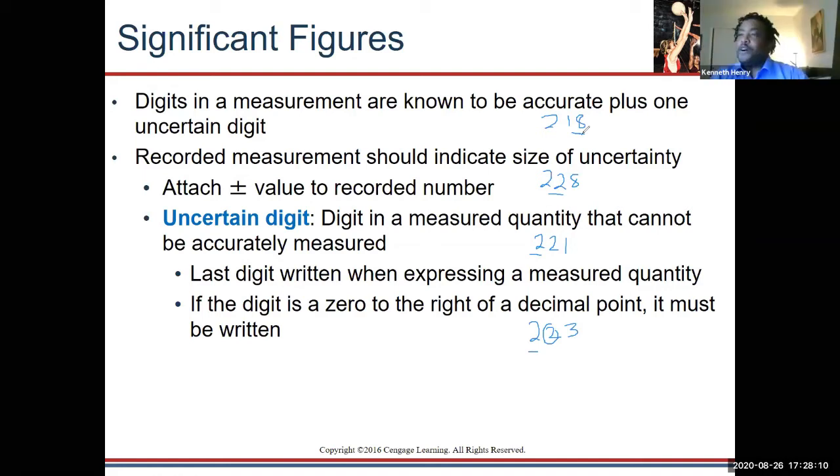Okay, so the way that we handle uncertainty, there's a couple ways that we can do it. One of the ways is by putting a plus or minus sign. We take the average and say it's plus or minus some amount, right? So we went through and calculated the average of this.